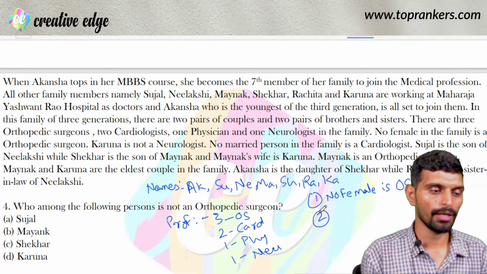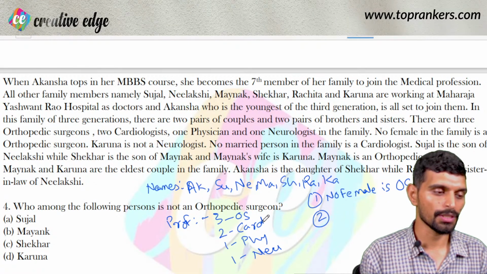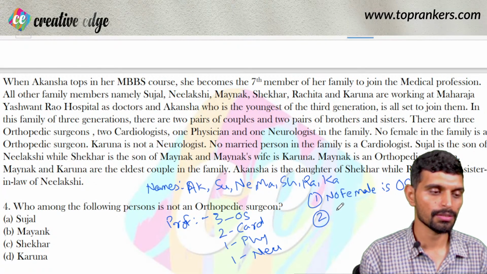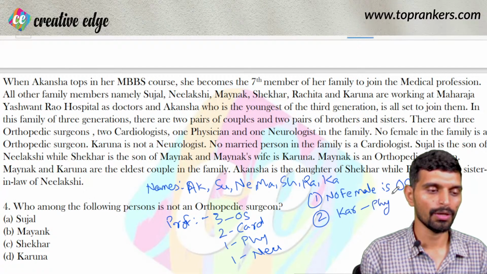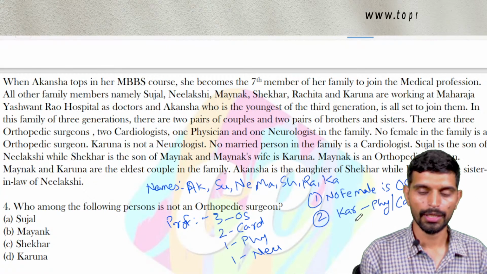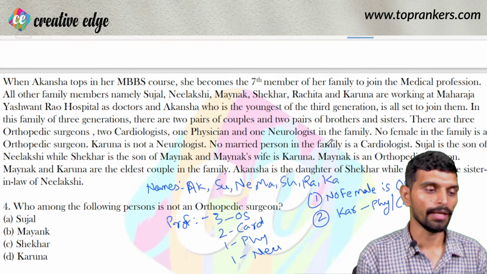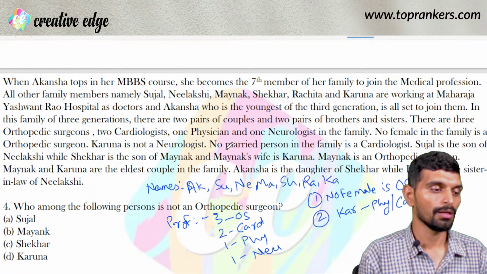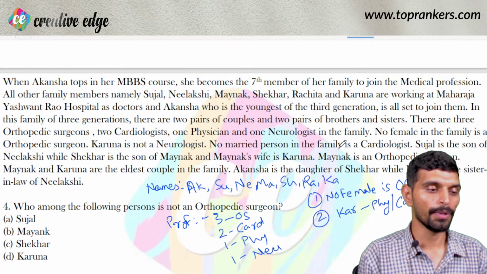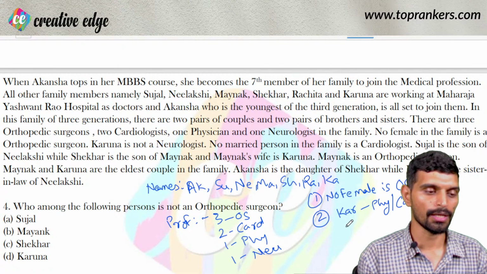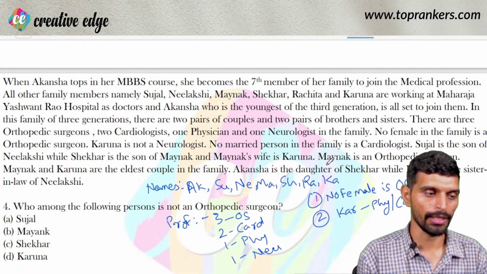So Karuna can be physician or cardiologist, right? Then no married person in the family is cardiologist. So both cardiologists are in the third generation, right?